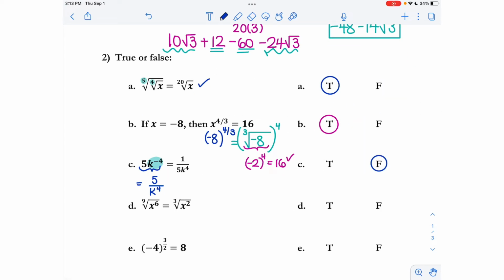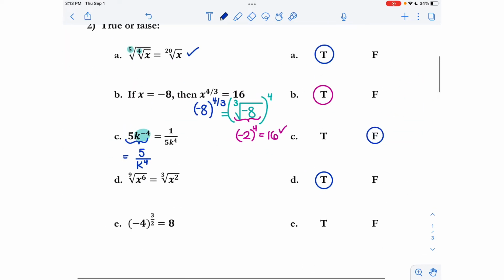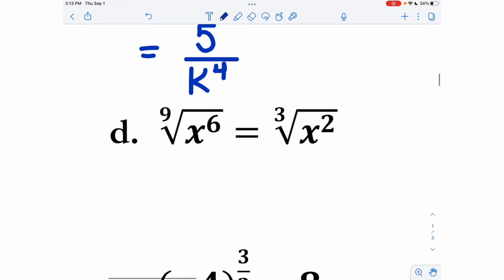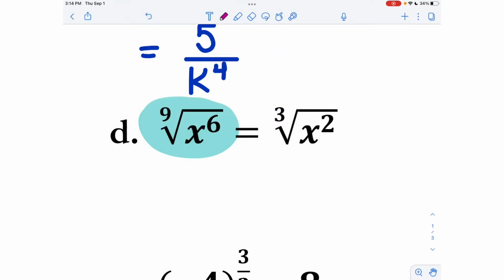Part D. I didn't talk much about this. I believe this is true. Let's take a look. Think of it this way: if I were to rewrite this radical as a fraction, it would be x to the 6 over 9.